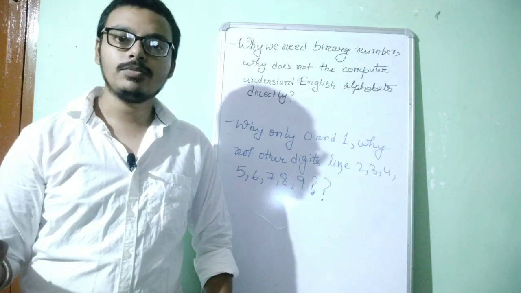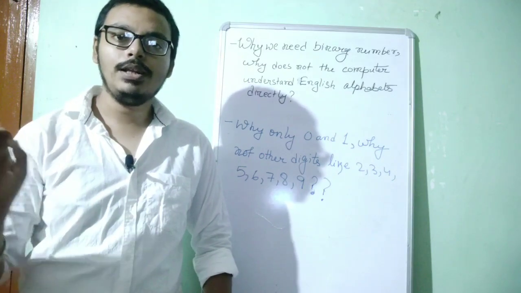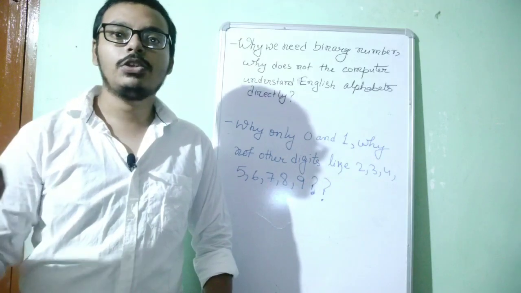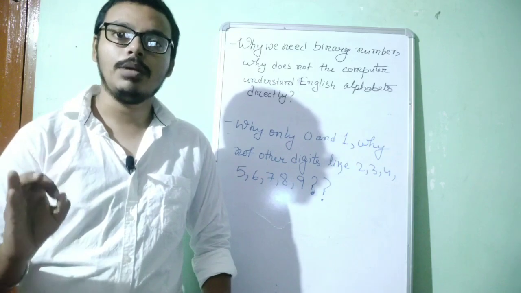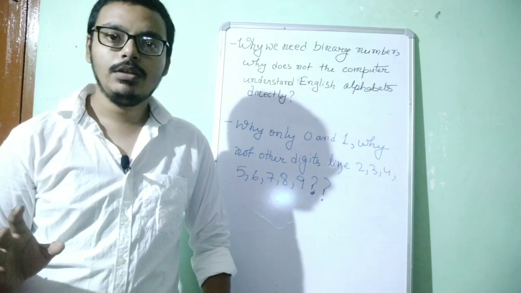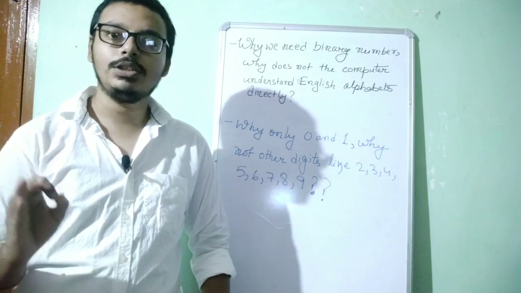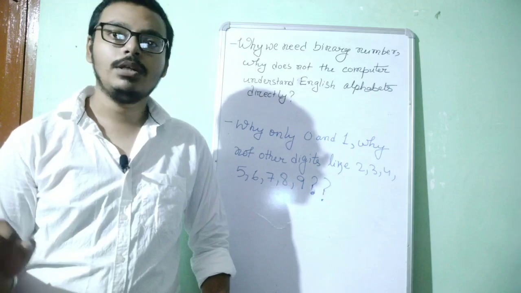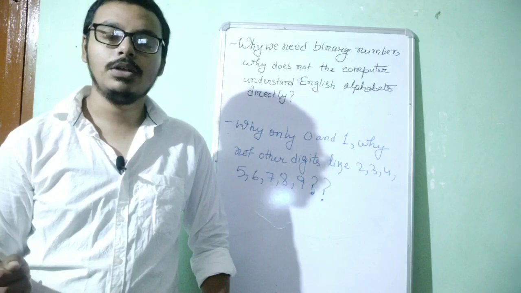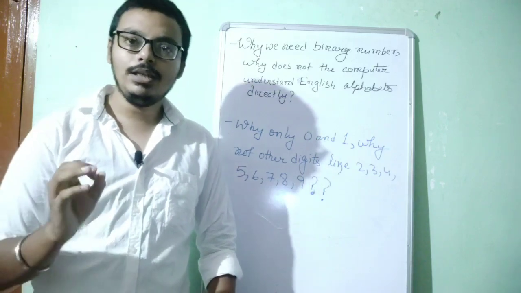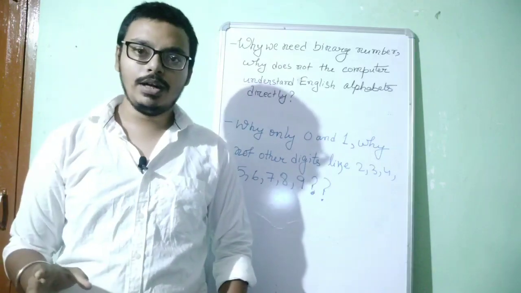When I pass electricity to the bulb, it will light up, and when I stop passing the electricity to the bulb, the bulb will switch off, right? When I switch on the bulb, the light will come, or electricity will pass. When I switch off the bulb, the electricity will not pass and the bulb will not light up. So electricity originally has two states, on or off, right?